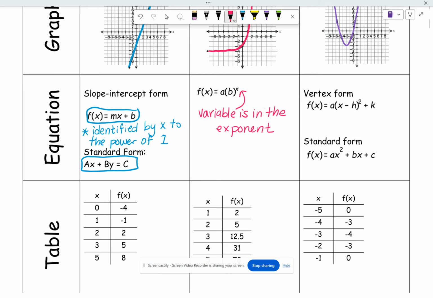So your x is going to be a power. And if I have some equation where I have a variable in the exponent, that is automatically going to be an exponential function.